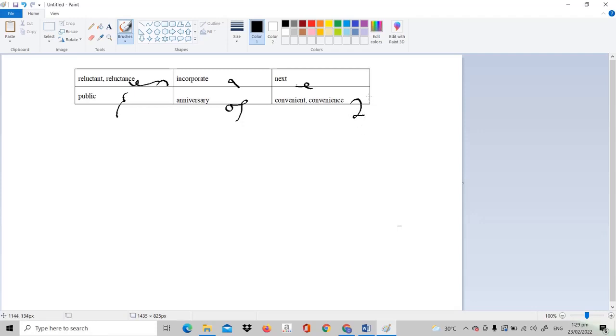Okay. Ayan. So, reluctance is represented by reluct. Public is represented by PB. Incorporate is represented by I and NK, the ink. And then anniversary is represented by aniv. Next is represented by NEX, next.